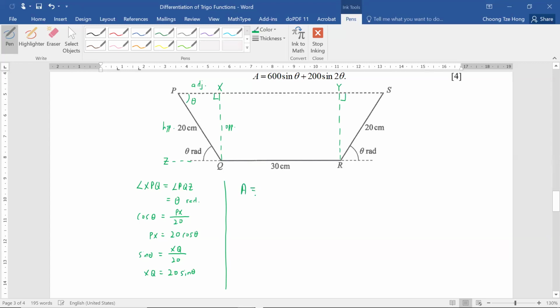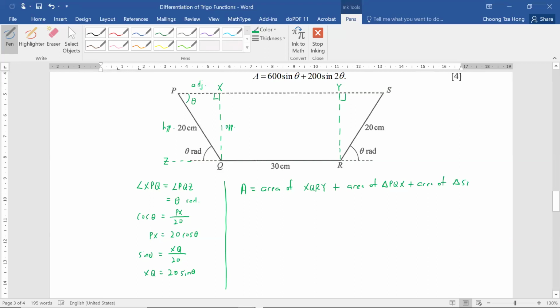Let's write the working over at this side. The total area will be the area of the rectangle XQRY plus area of triangle PQX plus area of triangle SRY.